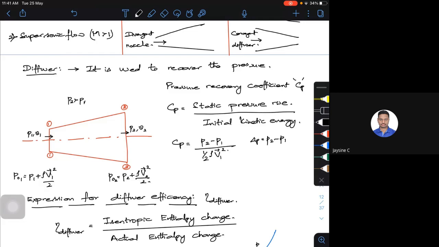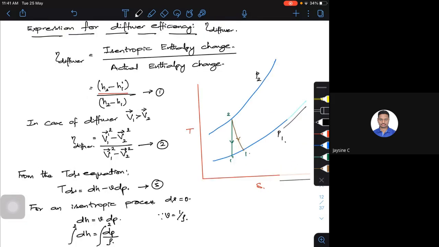There is some relation between them, that is one thing. And second, how are we going to design these nozzles and diffusers for given conditions? What parameters do we consider? Those things we have to look at.